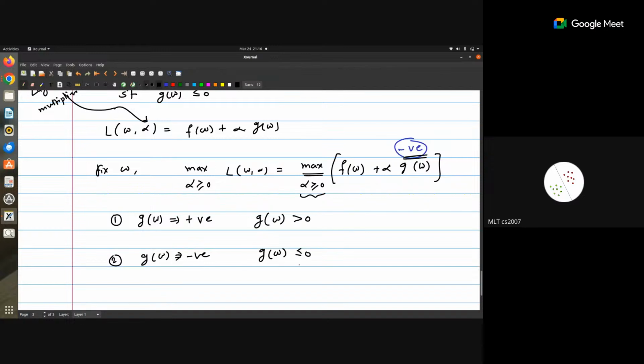When it is negative, the maximum value will be f of w, because alpha can be any positive constant, let's say 1, 2, 3, any value. What will happen? It will reduce this quantity, it will reduce f of w further.